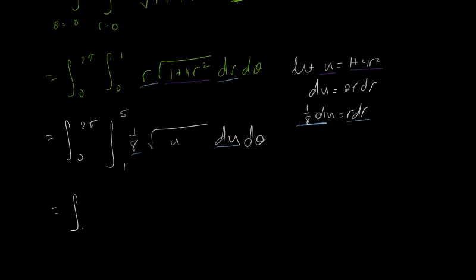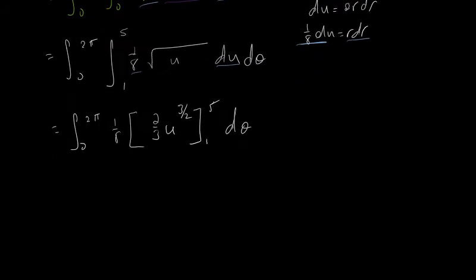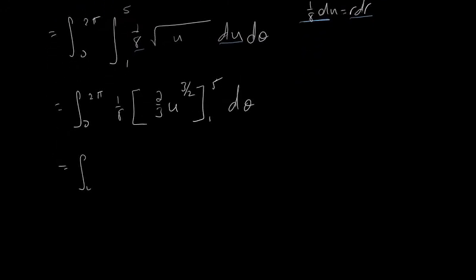Okay, so this is our integral from 0 to 2 pi of, so integrating this, we get 1/8 times 2/3 u to the 3/2, evaluated from 1 to 5, and then we'll take that integral with respect to theta. So integral from 0 to 2 pi of 1/8 times.